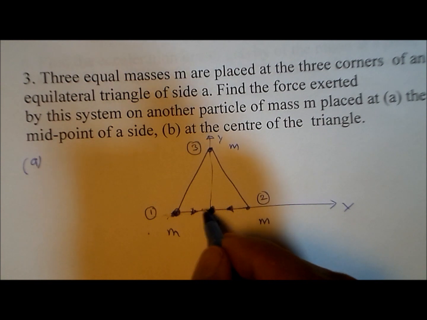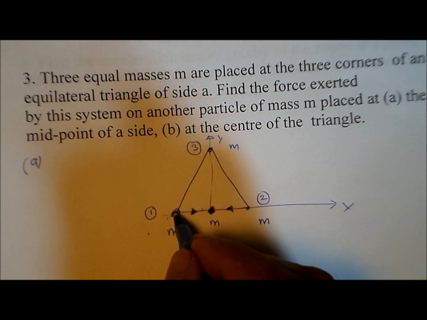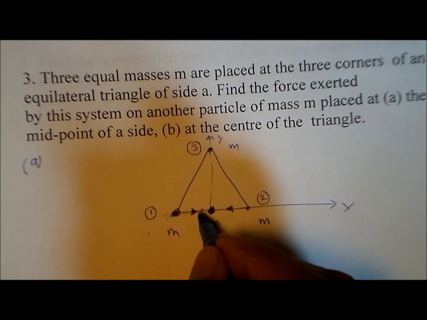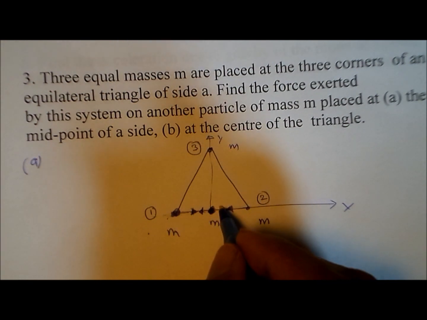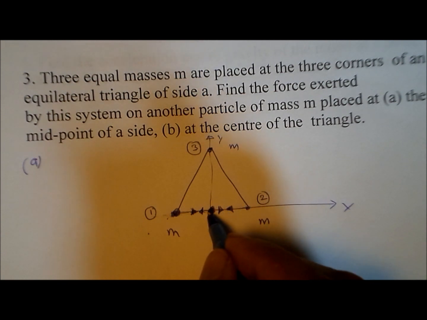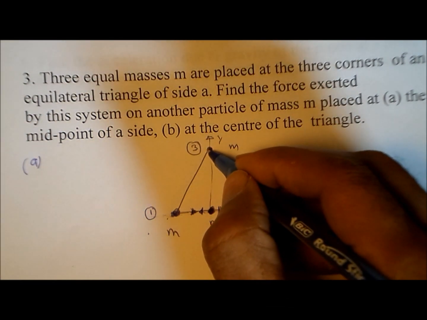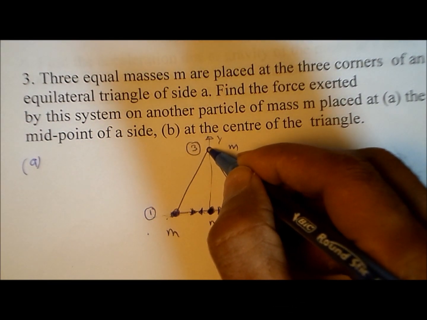So basically, this is the direction of the force on this particle due to this one, and this is the direction of the force due to this particle. These two forces essentially cancel each other.